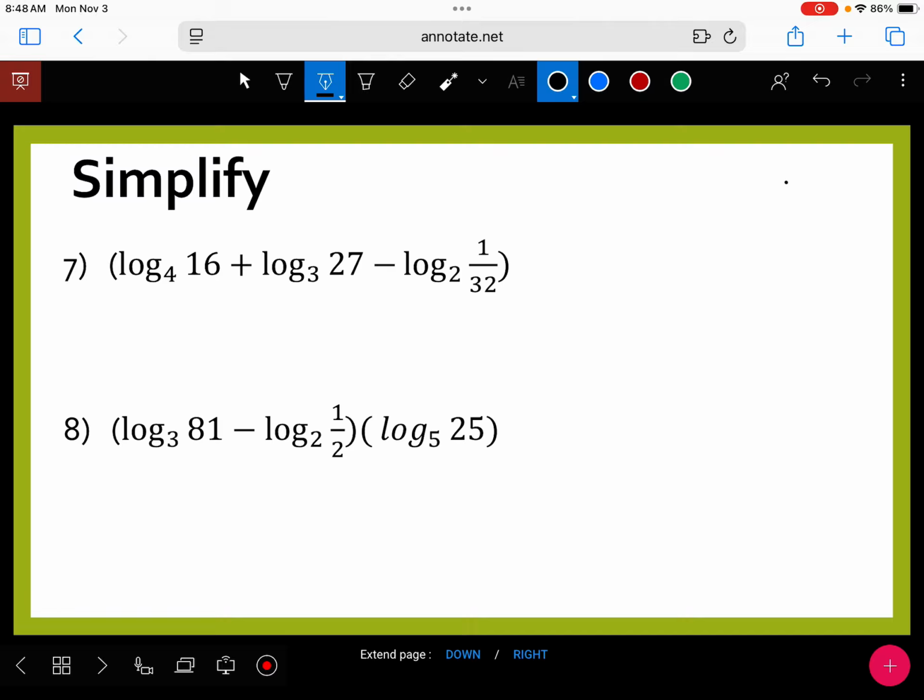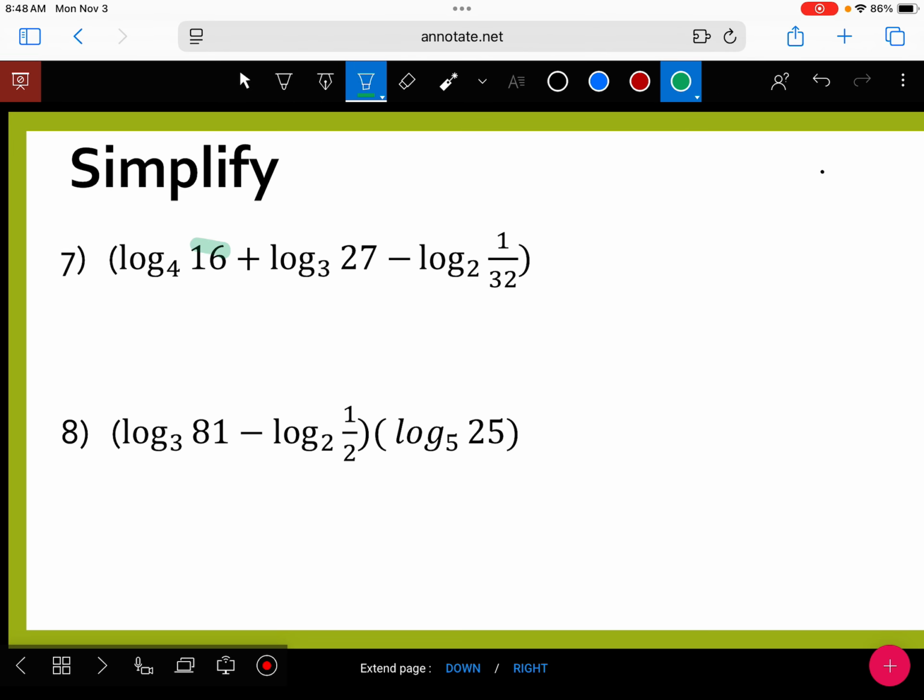Okay, so this one looks kind of complicated, but I wanted to make sure we understood what was happening here. So all we have to do here, these are all complete statements. Would you agree? We have 3 of them. We need to evaluate each one individually.